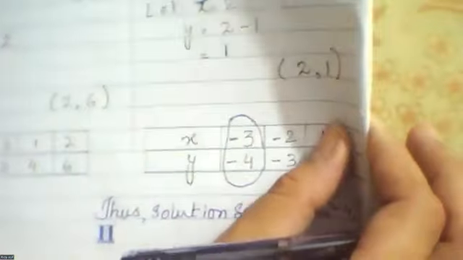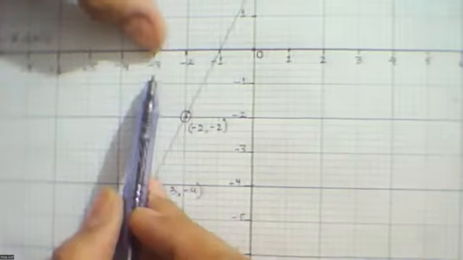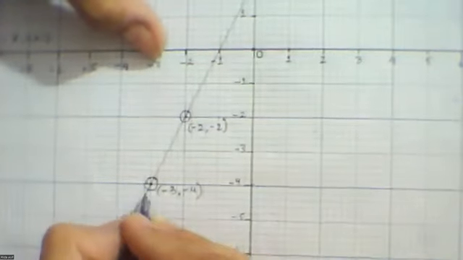So now let's plot together. Where is -3, -4, student? This is -3 on the negative x-axis, and where is -4? Here it is, right?